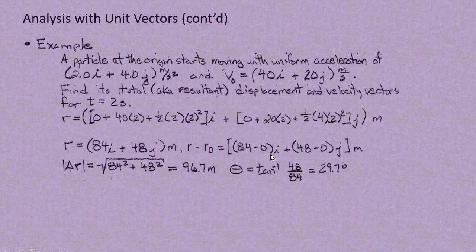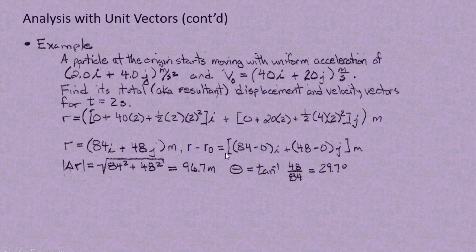So to get our displacement vector, it'll be the x position at 2 seconds minus the initial x position, 84 minus 0, and it'll be 48 meters, which is the vertical position at 2 seconds, minus 0 meters, which is the vertical position at time equals 0.